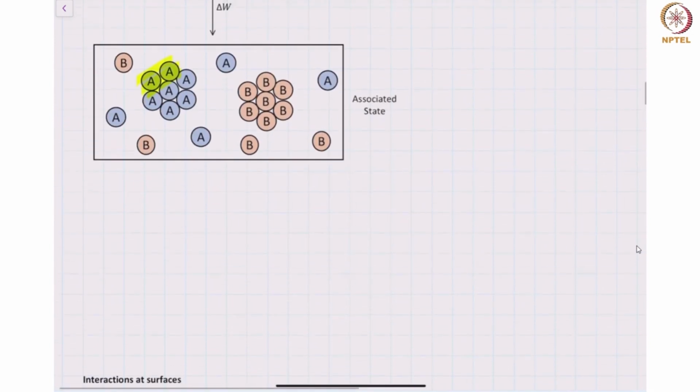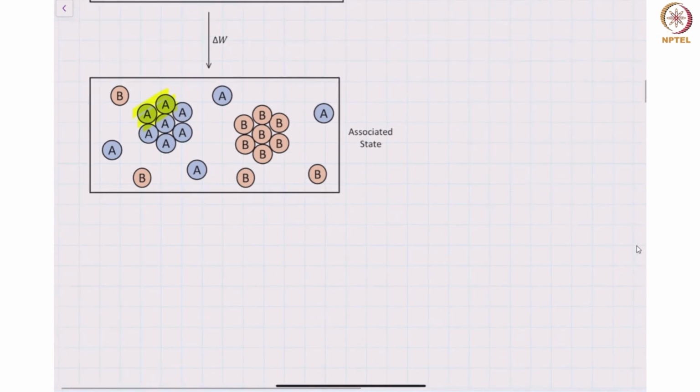So let's consider a system of these two states. Now, the change in the energy, this delta W that I've written down here, would be the difference between the energy of the associated state minus the energy of the dissociated state. Okay. This is the difference in the energy.